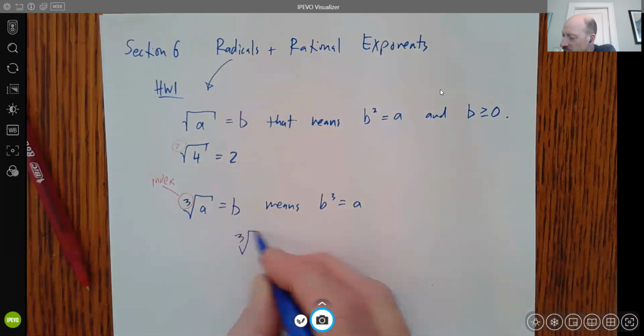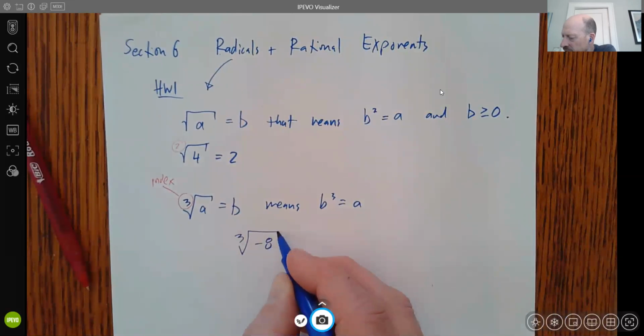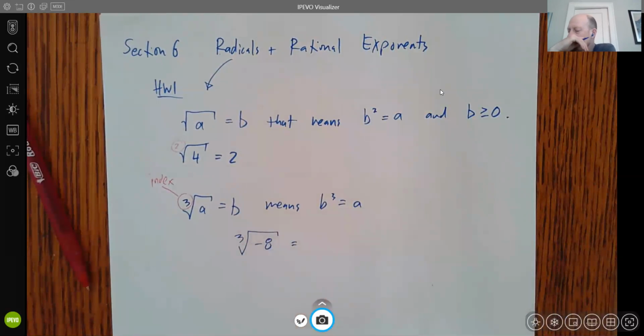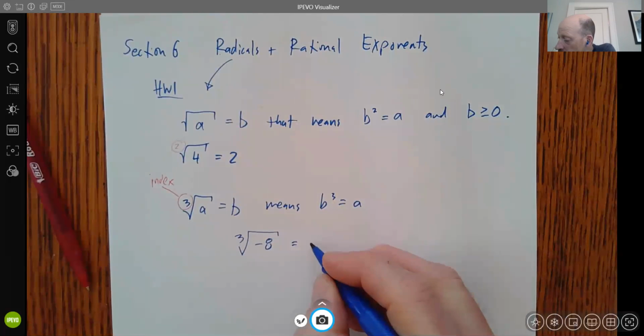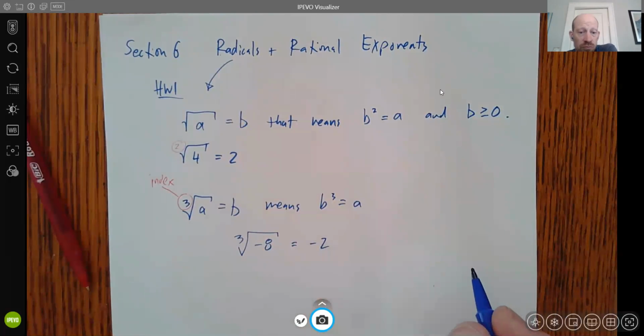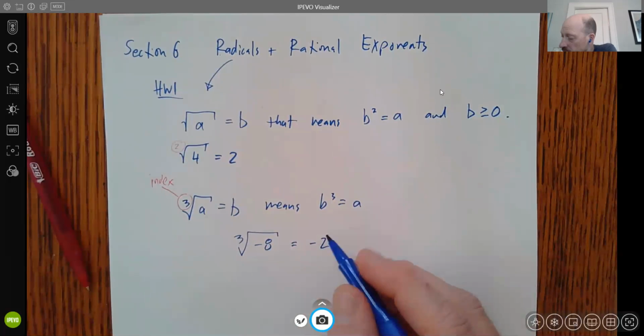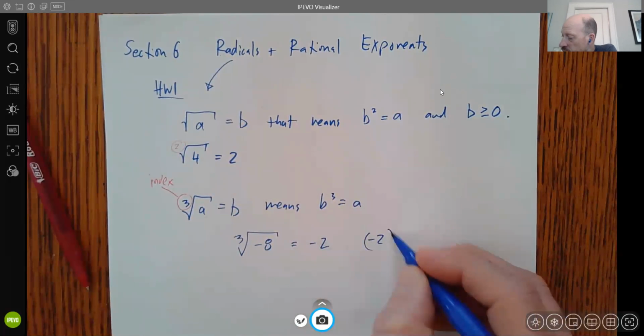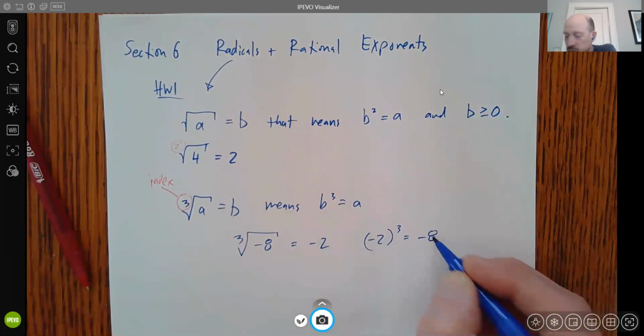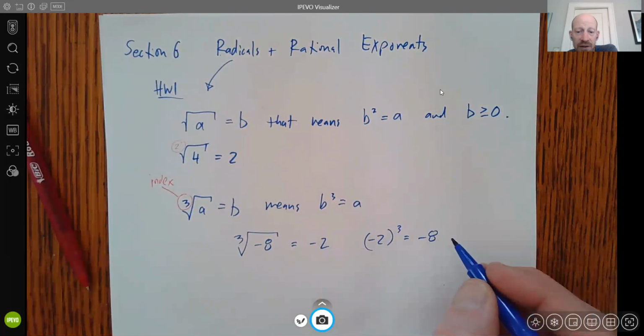Now, we don't have the same issue with negatives and positives. The cube root of -8 is just -2, because -2 cubed is negative times a negative times a negative, which is -8.